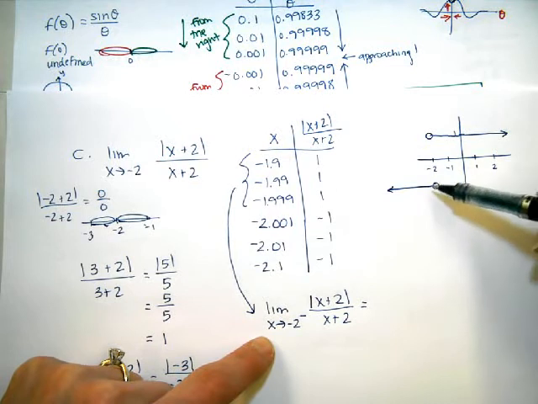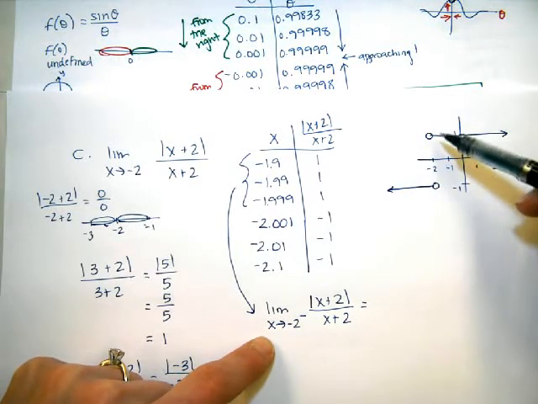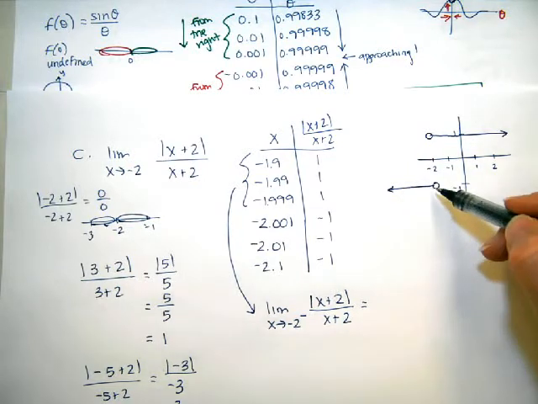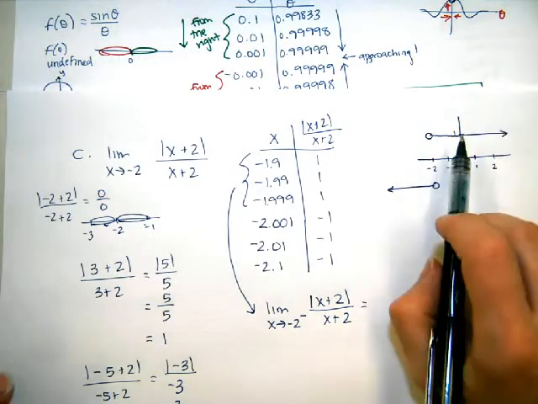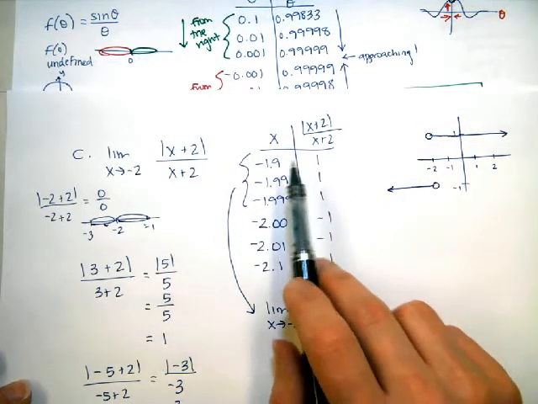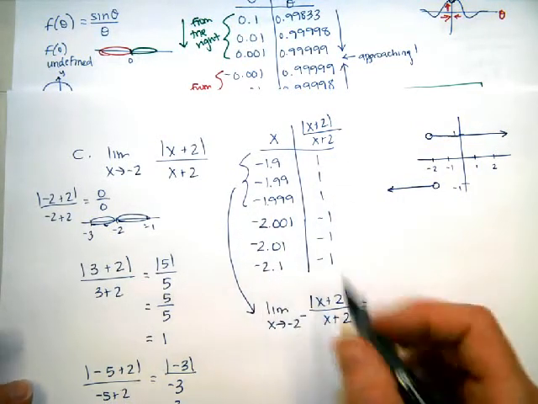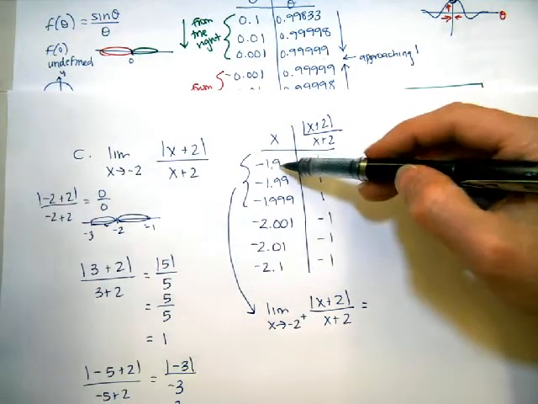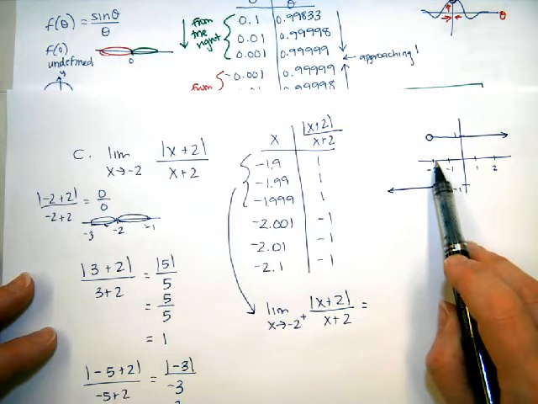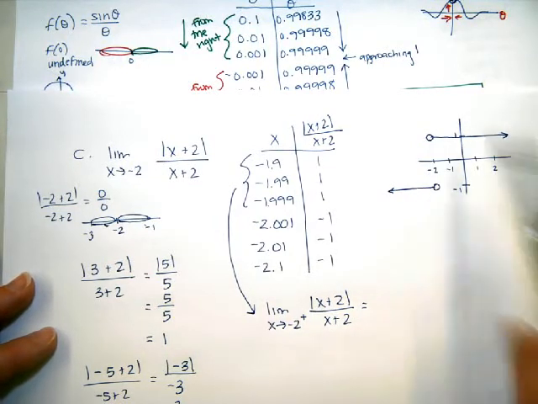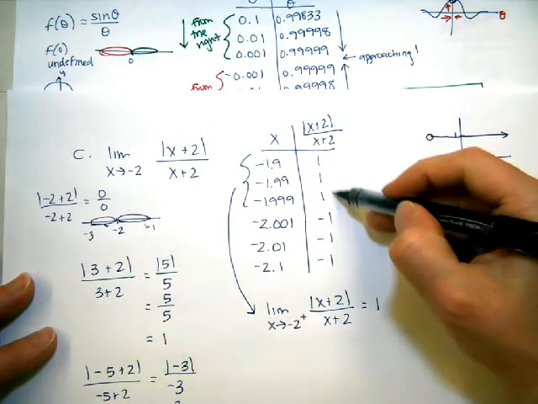Oh, did I draw this incorrectly? Wait, hang on. Oh, wait, yeah, this is from the right, not from the left. From the right, because negative 1.9, negative 1.99, those are over here. Those are to the right of negative 2. So my y values are approaching a positive 1.